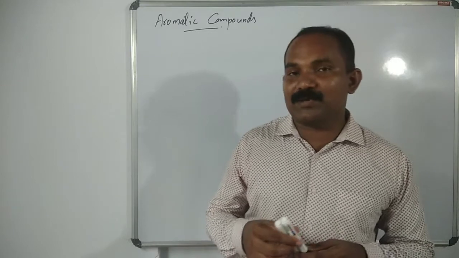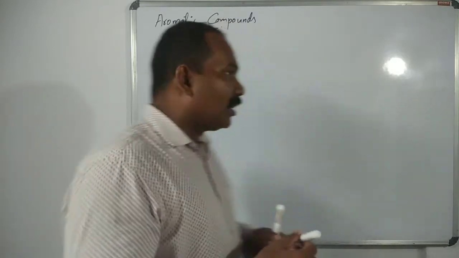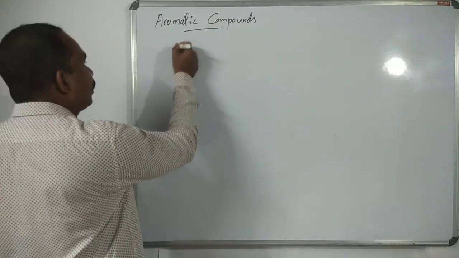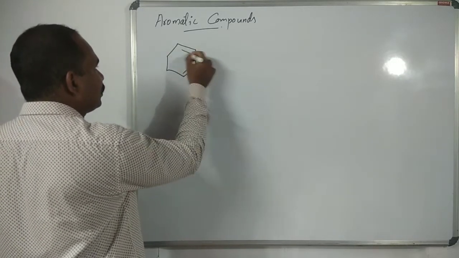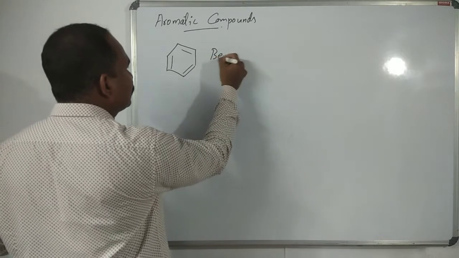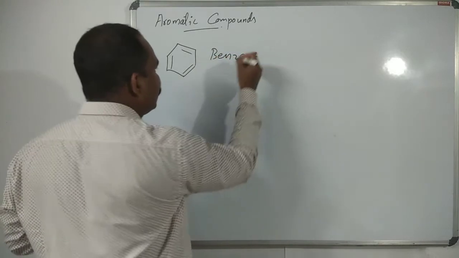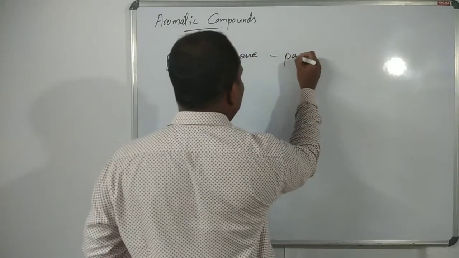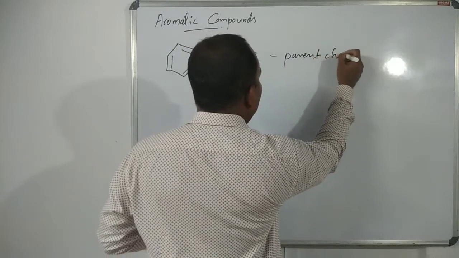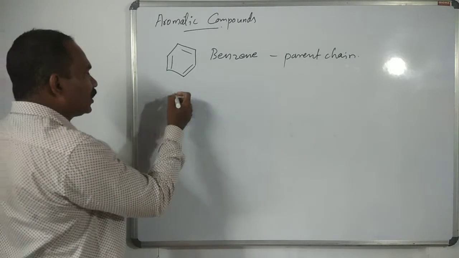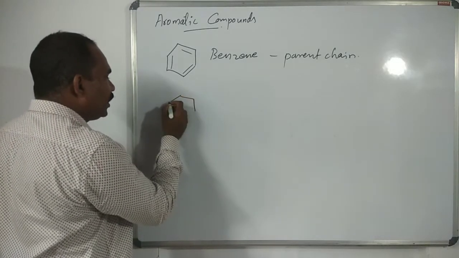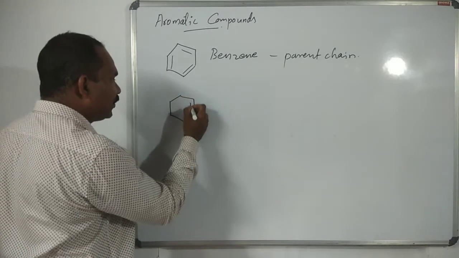Okay, let's discuss some examples. This is benzene. This is the parent chain.